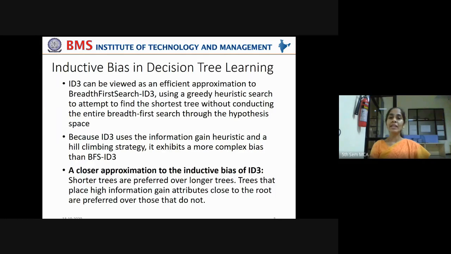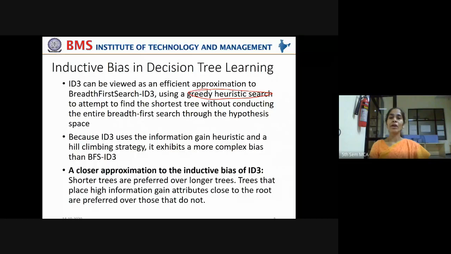It uses a greedy heuristic search. It searches every possible alternative. That is why it is called a greedy heuristic search, to attempt to find the shortest tree without conducting the entire breadth first search through the hypothesis space. Now it has to minimize its search, right?